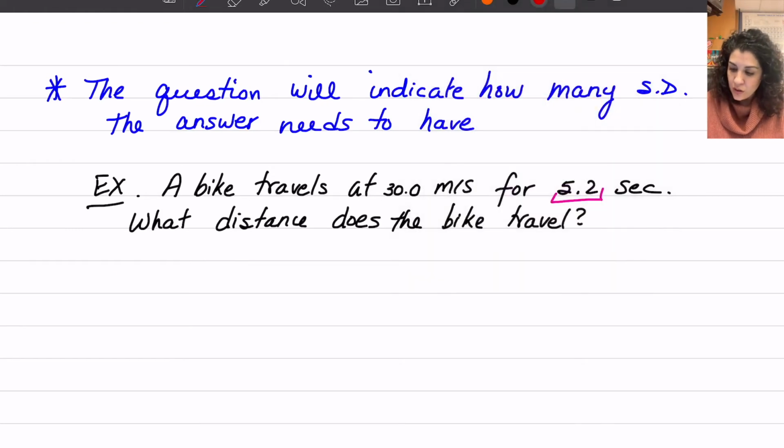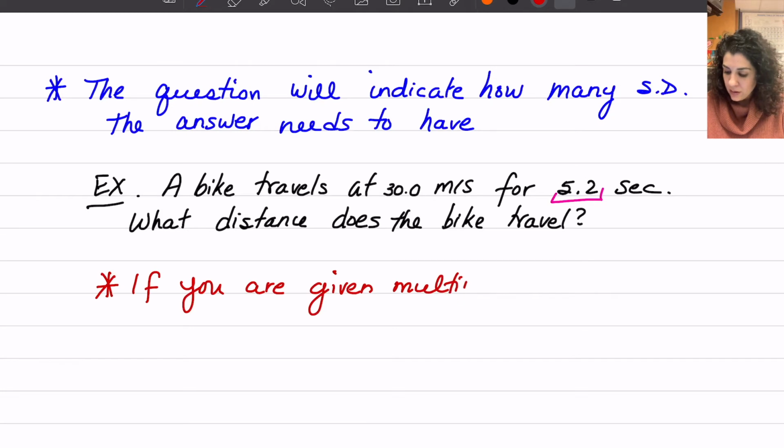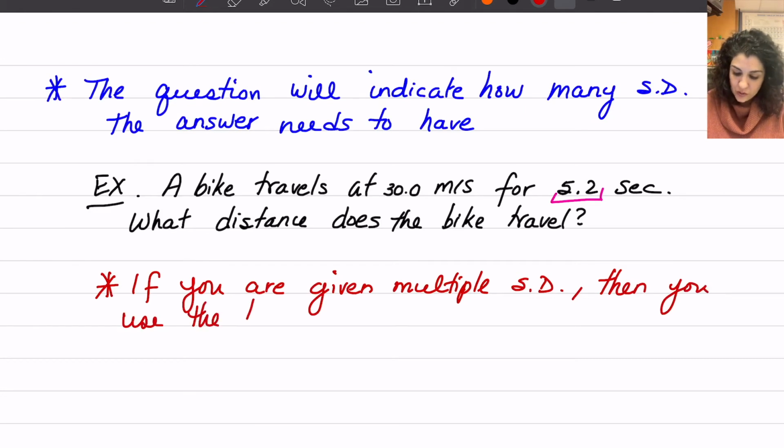So let's make sure that we write that down. If you are given multiple significant digits, then you use the lowest or the least precise measurement.